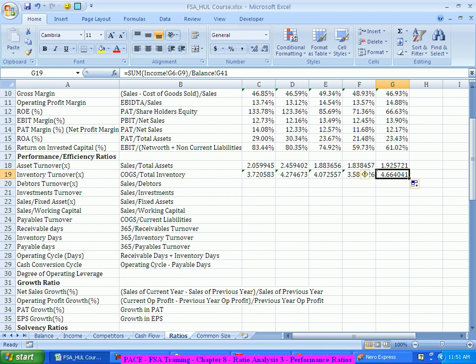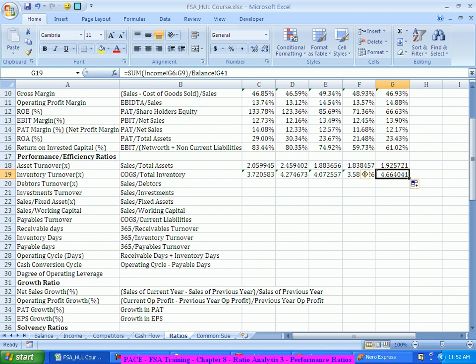I can very well write it as 4.66 by 1. Correct? So what is that meaning? For every 4.66 rupees of my COGS, which is for every 4.66 rupees of production which I have done, 1 rupee is still lying in my inventory.